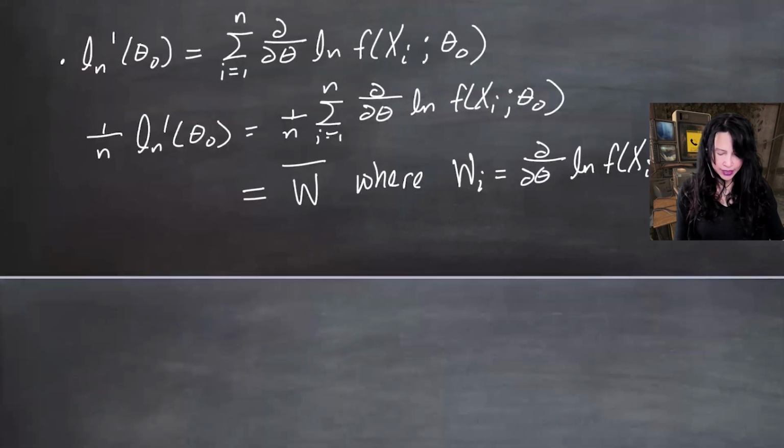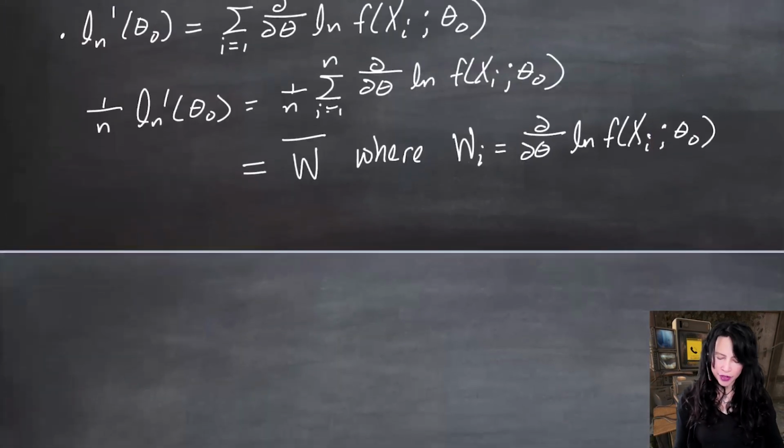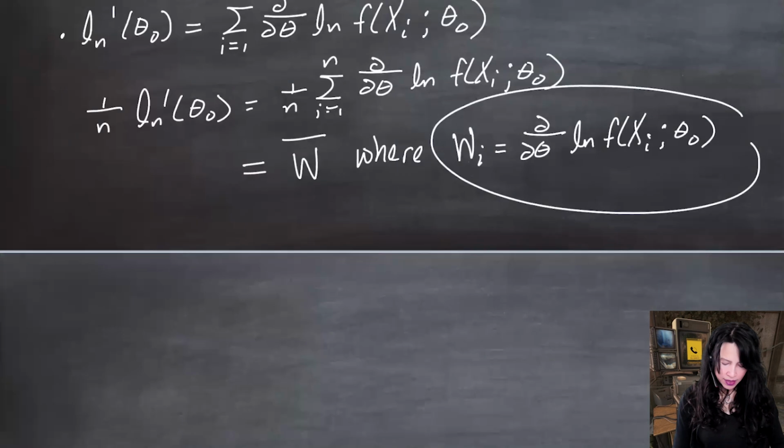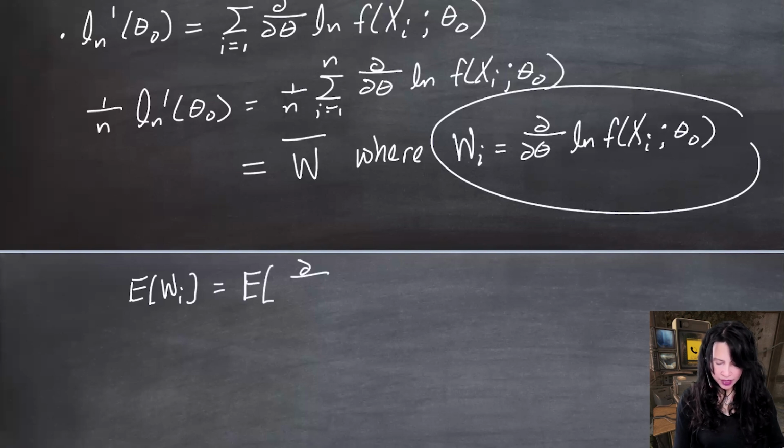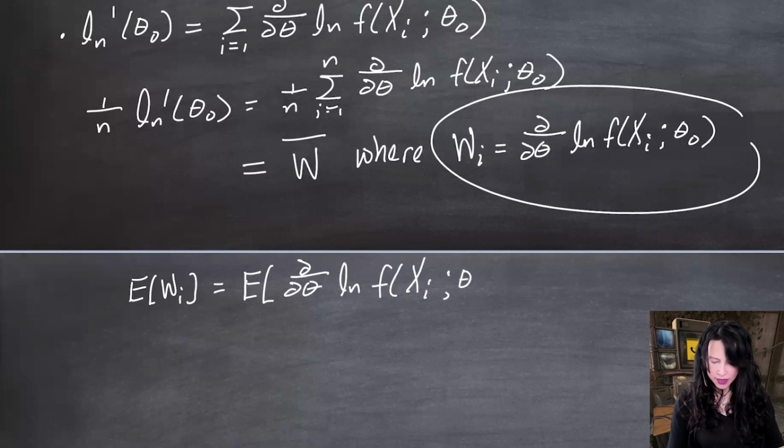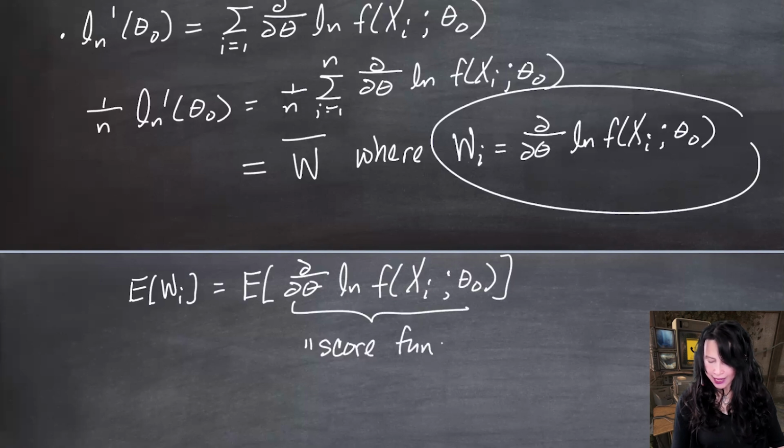So we need to know its mean and variance, or at least the mean and variance for one of these. The expected value of Wi is the expected value of the derivative of the log of the PDF evaluated at capital Xi, so there's some randomness, and theta naught. And this is the score function that we saw in our first computational simplification for Cramer-Rao lower bound computations.